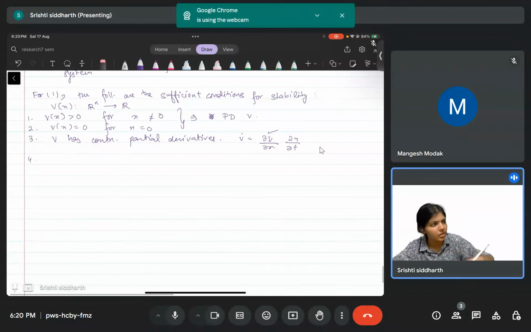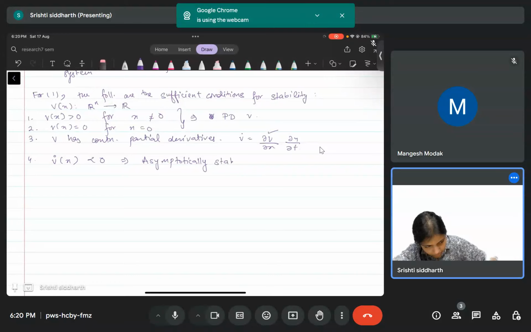And the last condition is that when you compute V dot of x, it should be negative definite. This implies that the equilibrium is asymptotically stable.